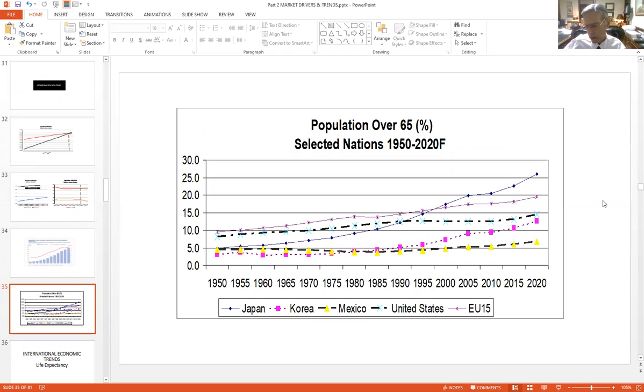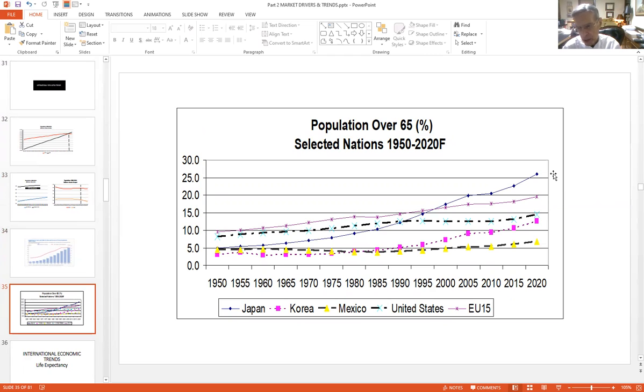Here's the same set of statistics for selected nations in the world. You can see up here, the very top line is represented by Japan, where we've got in 2020 about 27% of its population comprised of people 65 years or older.